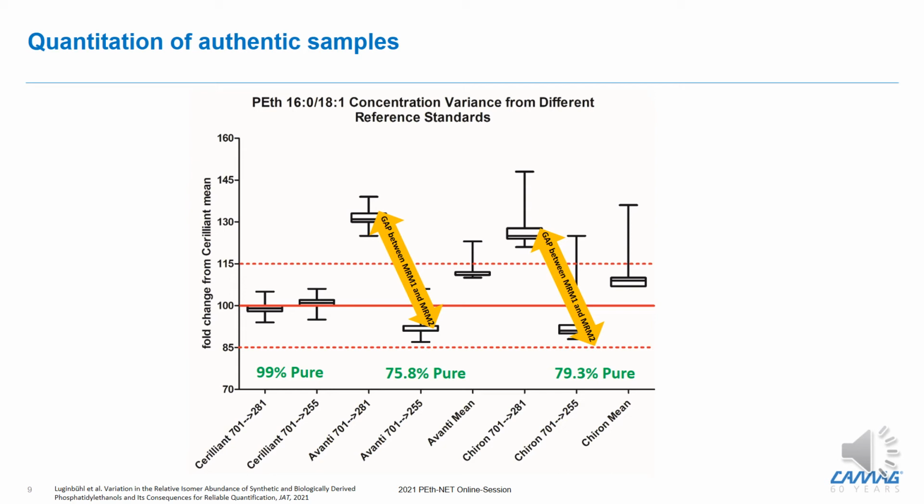The same was observed for Chiron, however the gap was somewhat smaller there. This means that in order to match the right concentration during phosphatidylethanol analysis, you have to take the right reference material which has a purity similar or identical to the authentic samples which you are analyzing.